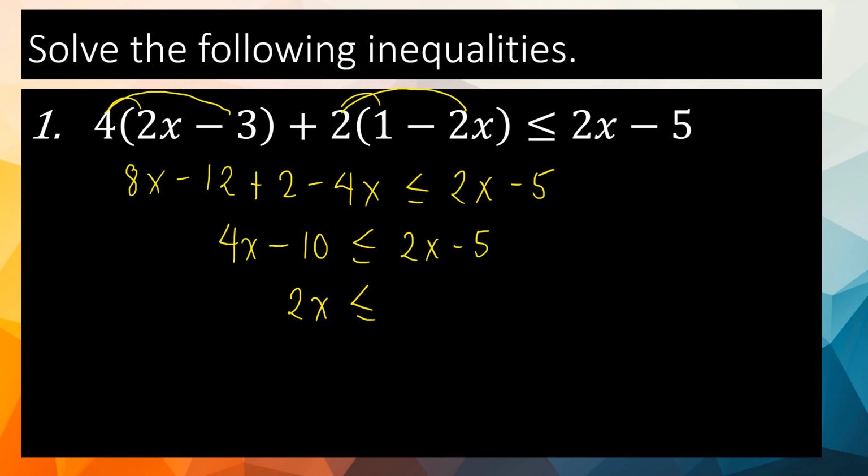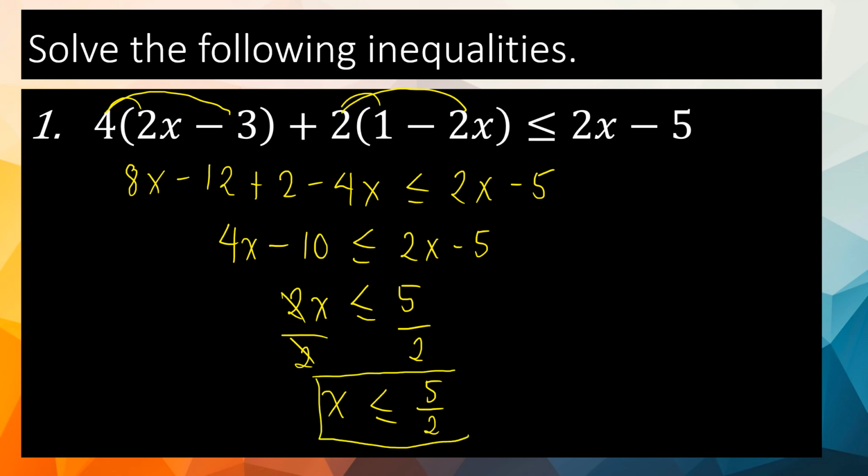Next, transpose negative 10 to the right side. You will have negative 5 plus 10, which is 5. Then divide both sides by 2 so that we can cancel out this one, and we only have an x, which is less than or equal to 5 over 2, or 2.5. And that's our final answer.